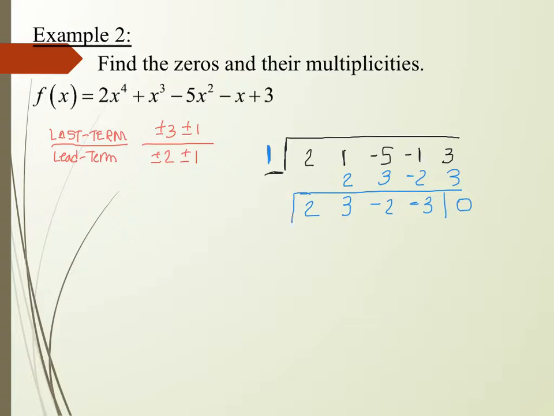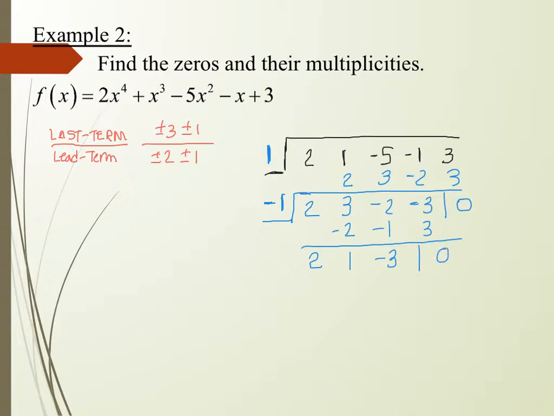So now I've got to do another possibility. I'm going to choose a negative 1 because the last term is a negative, so we'll try a negative 1. So again, we'll bring down, we get 2, negative 2, 1, negative 1, negative 3, 3, there we go.